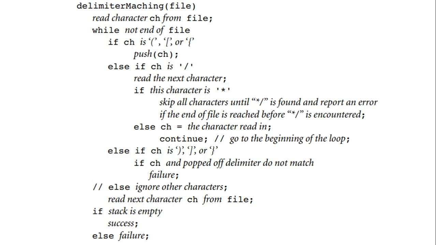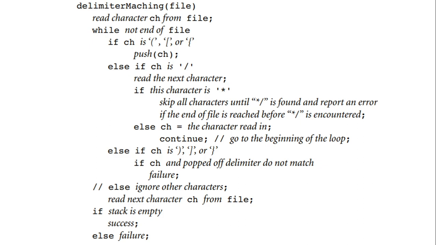That means it will still need to read the characters until it finds an asterisk and forward slash, and report an error if the end of the file is reached but it doesn't encounter an asterisk and forward slash, which is the ending comment delimiter. Else, if the character is equal to the character read in, it will then continue.